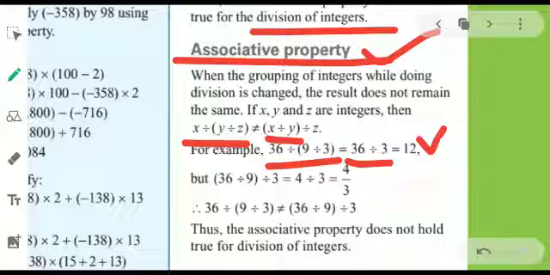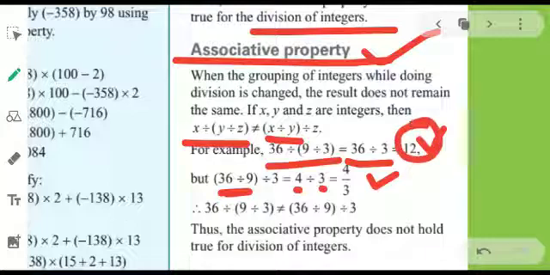When 36 divided by 9, we get 4, and 4 divided by 3, we get 4 by 3. In the first group we get the answer 12, in the second group we get the answer 4 by 3, which are not the same. So we can say that the associative property does not hold true for the division of integers.